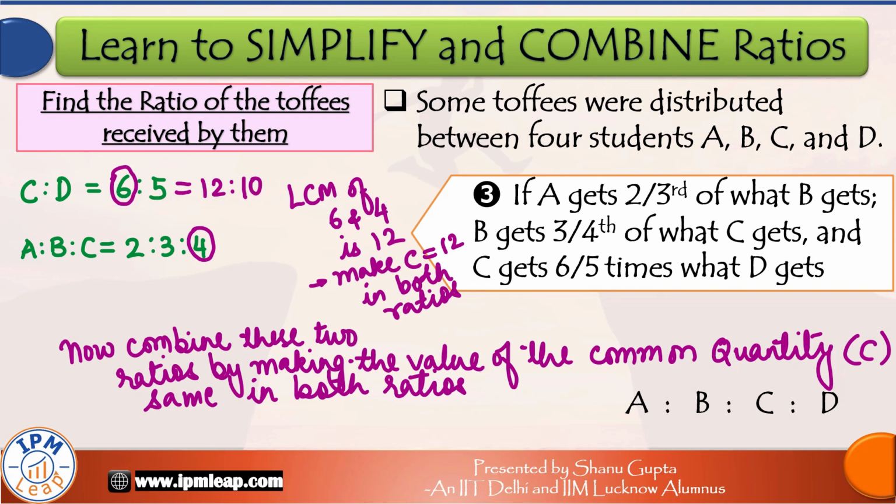And we multiply all parts of this ratio by 3. 2 into 3 is equal to 6, 3 into 3 is equal to 9, and 4 into 3 is equal to 12. Now C is equal to 12 in both ratios, so we may combine them. A is to B is to C is to D is equal to 6 is to 9 is to 12 is to 10.